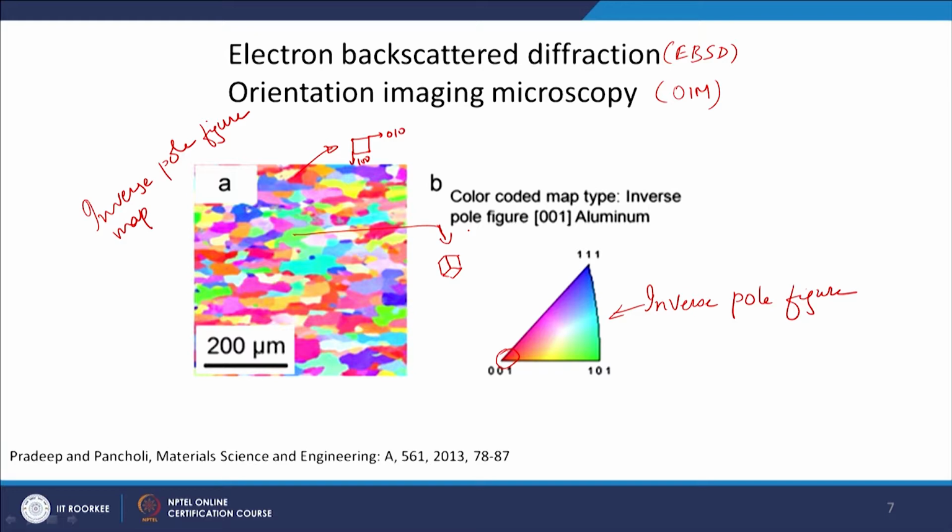Let me correct it, it will be like this. So, 100 is coming out, and this plane you are seeing will be the 110 plane. And if it is 111, then it will be blue colored and the 111 axis will come out.